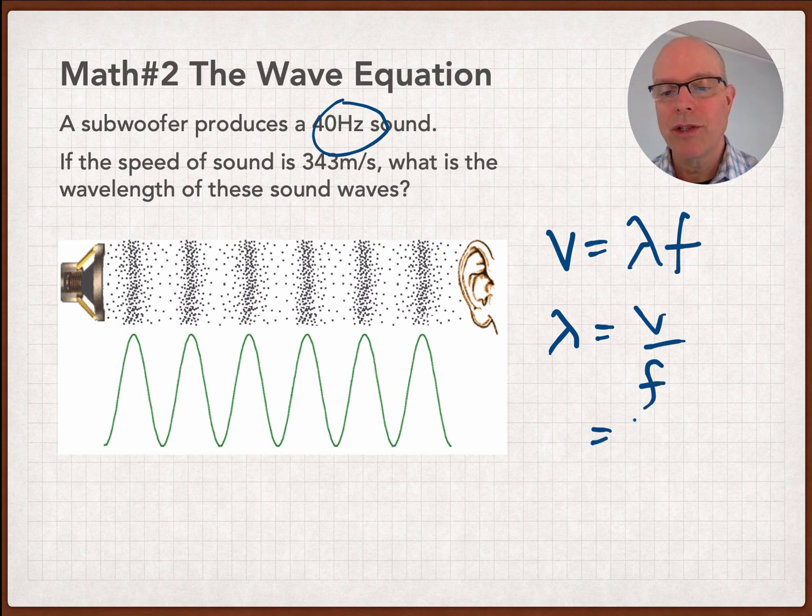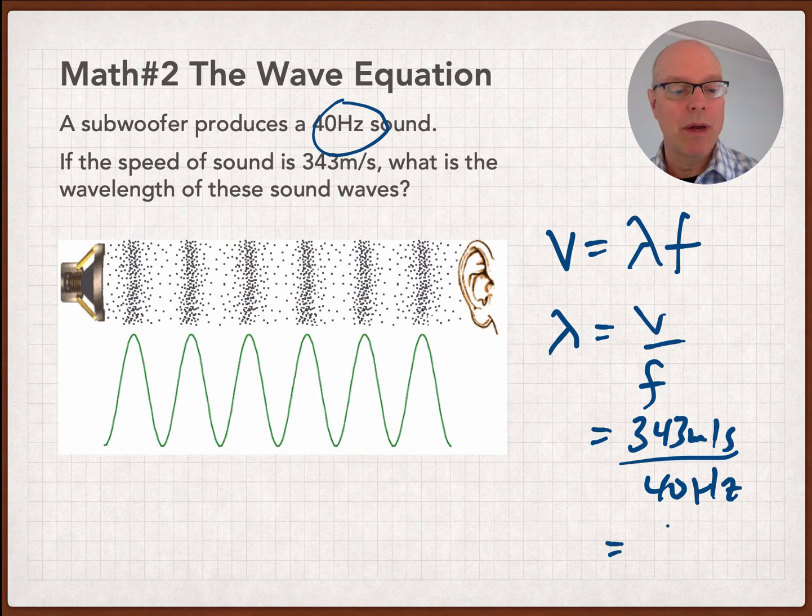Let's get our answer: 343 meters per second over 40 hertz, which by the way is a pretty bassy sound. It's down near the low end of what people can hear, and that's why we've got a subwoofer making it. The wavelength is really large, around 8.6 meters or so. So it's a great big wavelength.